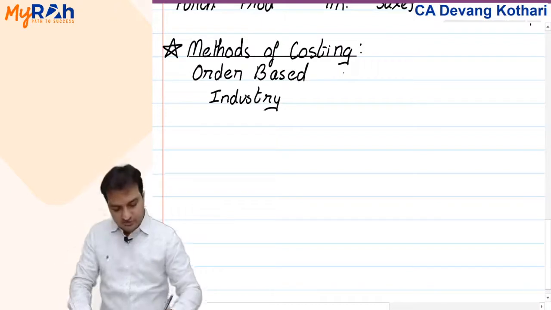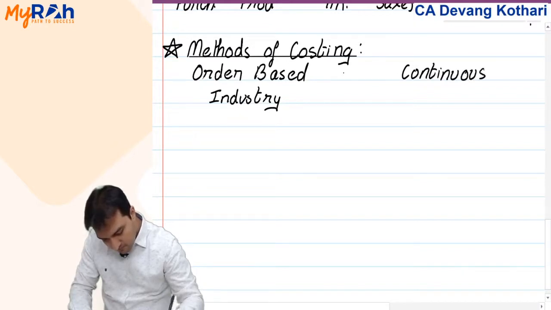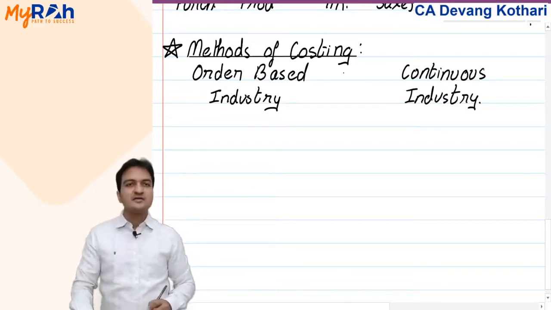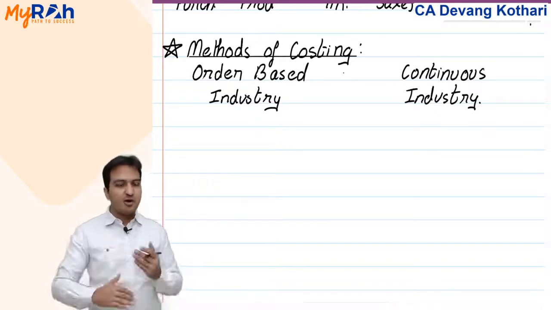One called as order based industry, other called as continuous industry. Order based industry versus continuous industry. Now what is that?